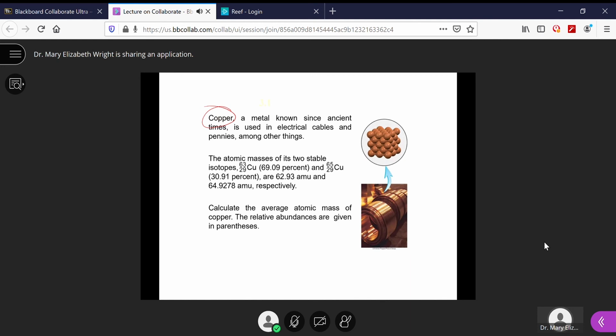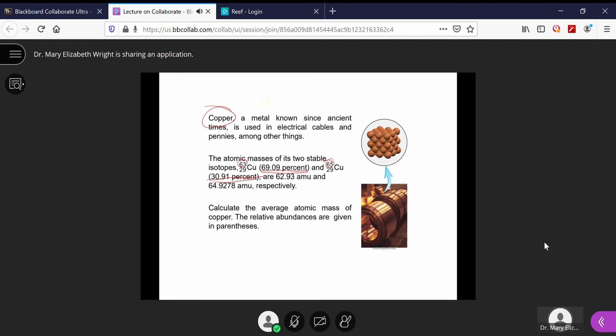So let's say that we have two major isotopes of copper. One is the isotope 63, and the other is the isotope 65. The first isotope is present in 69.09%, and the other one is abundant in the amount of 30.91%.